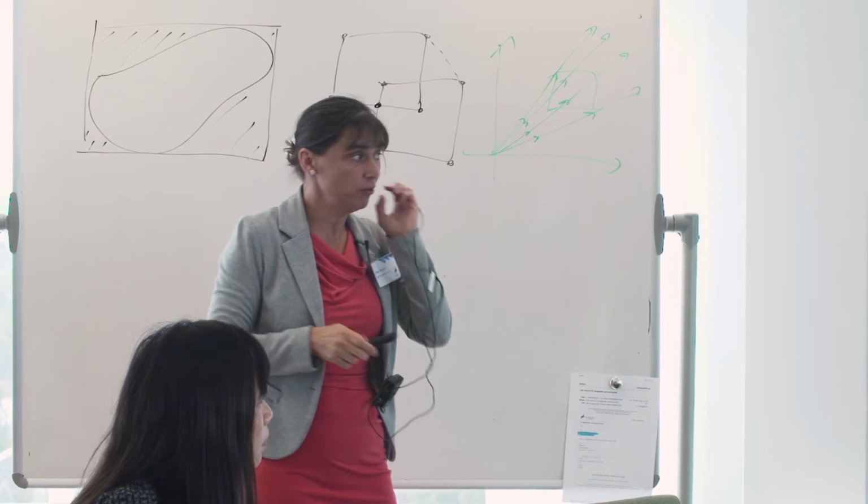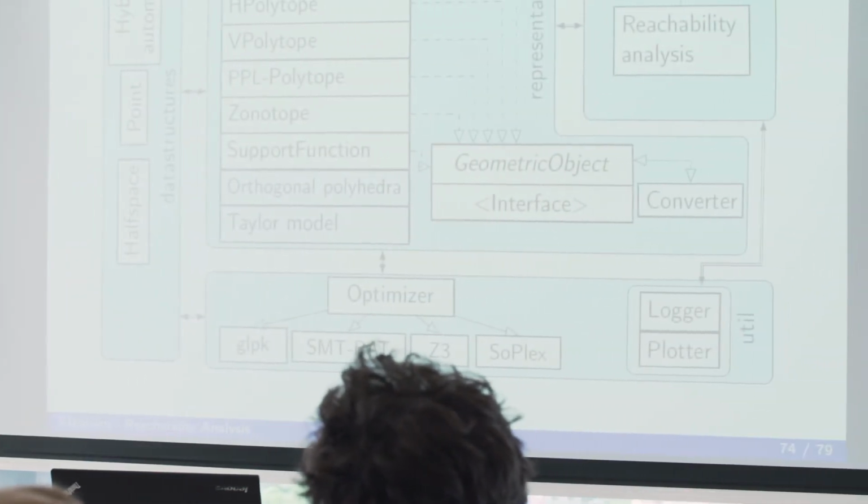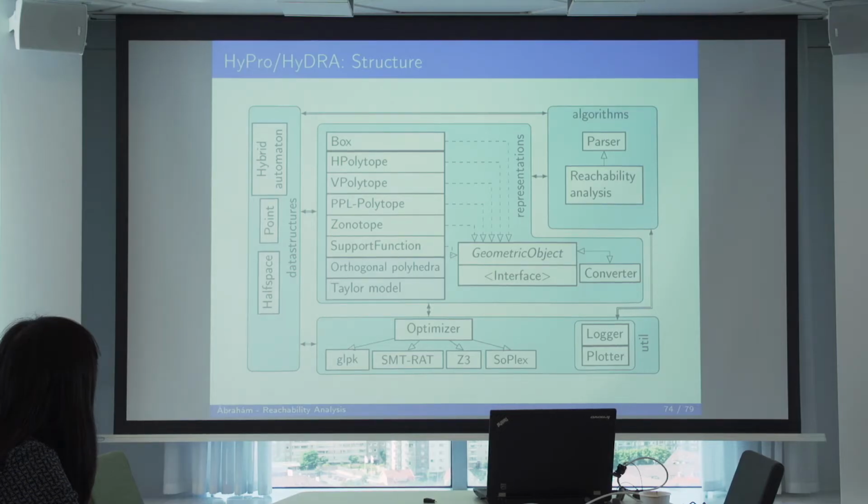So then it is very important for optimization that we compute exactly, and for that we have several solvers which we use in combination. GLPK is inexact but very fast, and there are SMT solvers and LP solvers which we use additionally. Actually, SMT-RAT, and Z3 is the most well-known one.